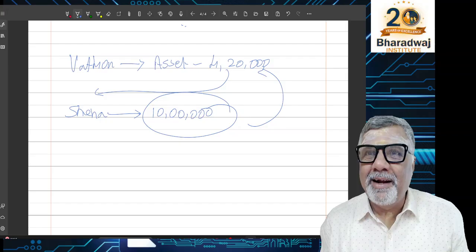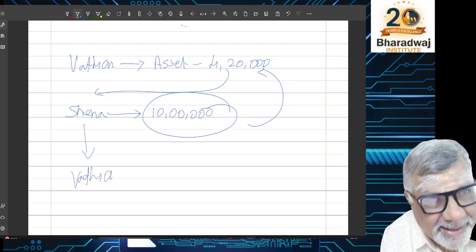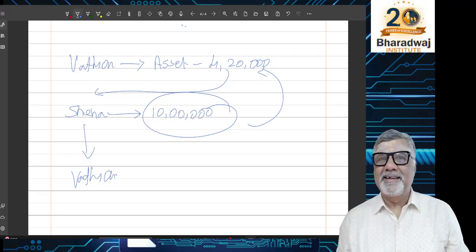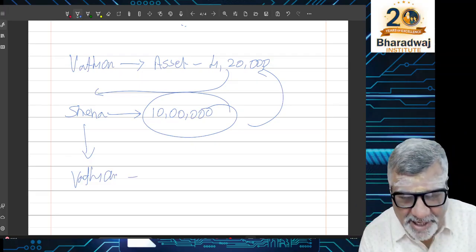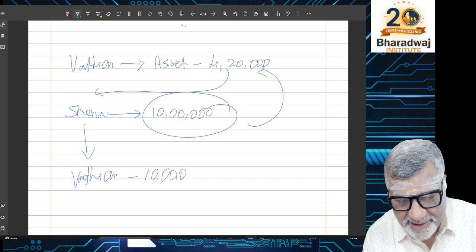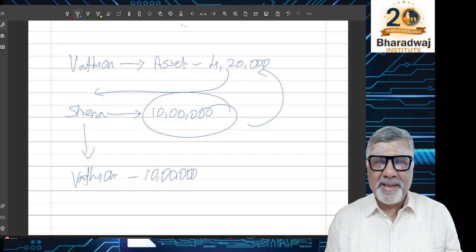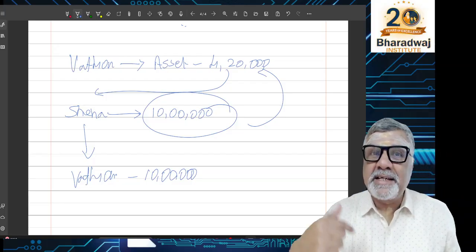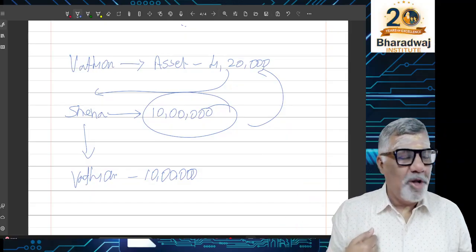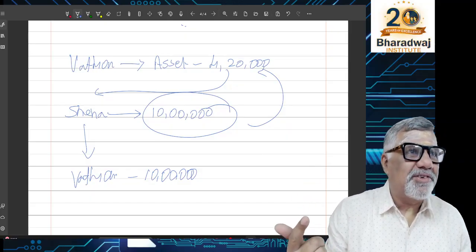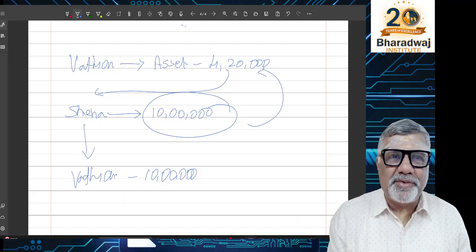Now the next level. Now again from Sneha, I purchase back for 10 lakhs. The law says, boss, where an asset is transferred and purchased back, I am trying to increase my claim of depreciation so that I am avoiding payment of taxes.